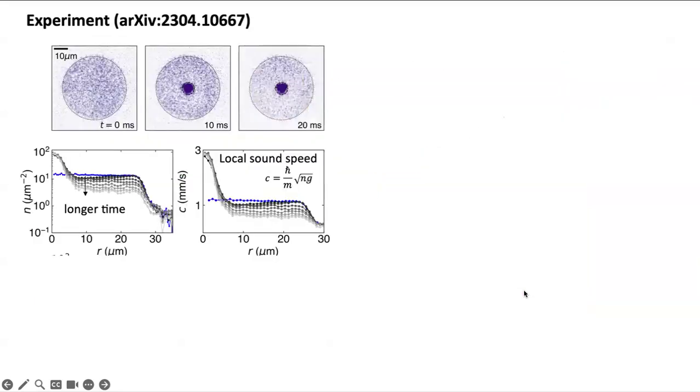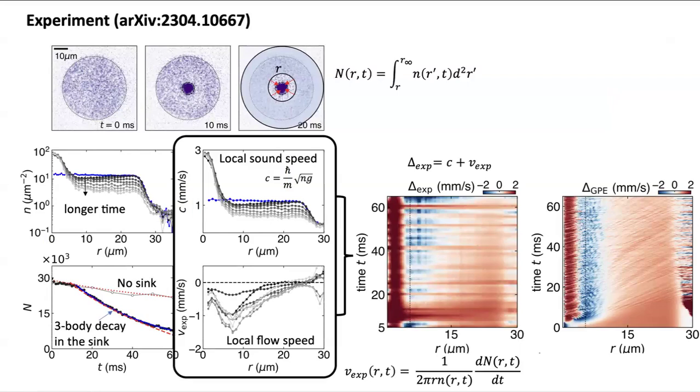Experimentally, we can also calculate the flow plus sound speed profile. This is what we get. How do we calculate sound speed? We just look at the density distribution. For flow, we look at the annulus area, at the rate of change of the atom number in that annulus area as a function of r, where r is the inner radius. This is how we calculate the flow.